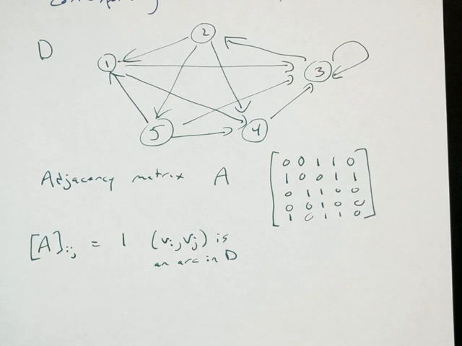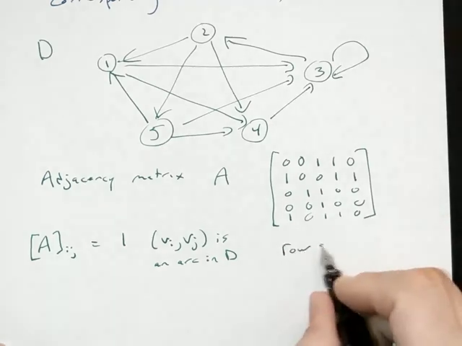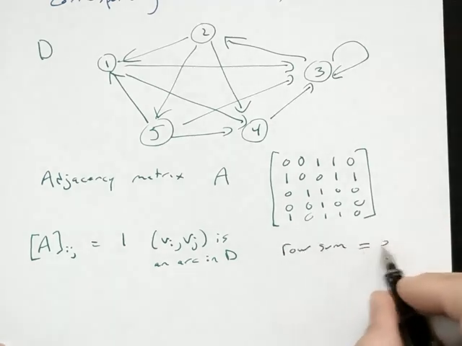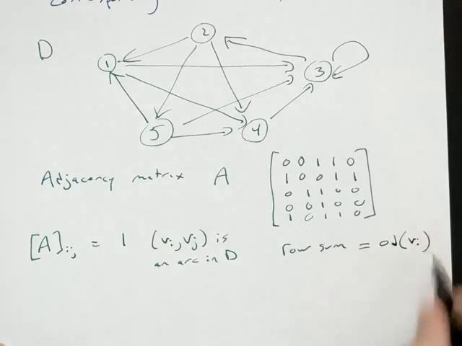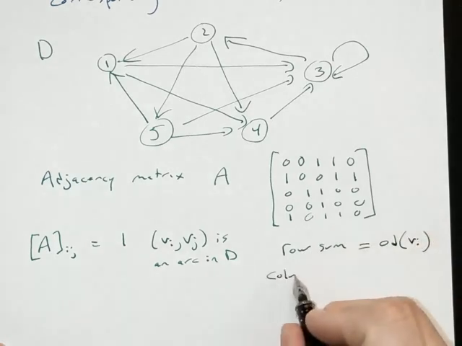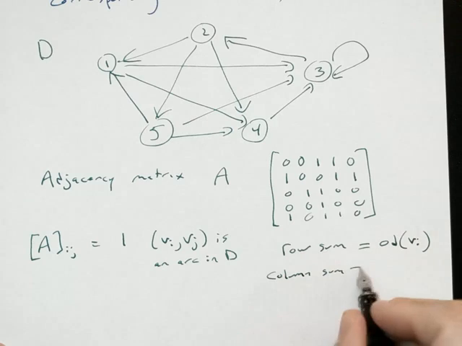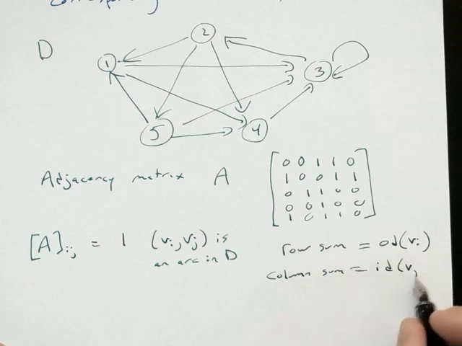And how many 1s appear in this entire matrix? One, 2, 3, 4, 5, 6, 7, 8, 9, 10, 11 edges.